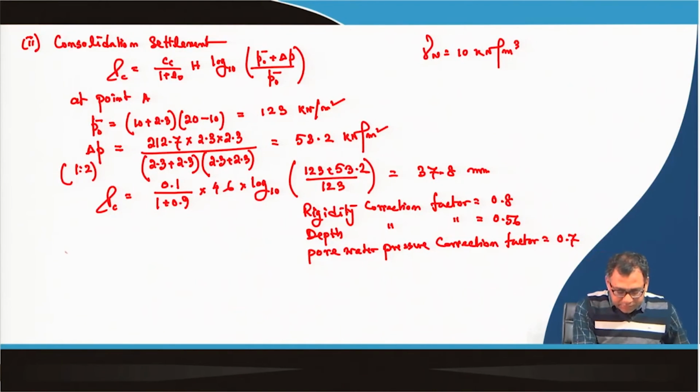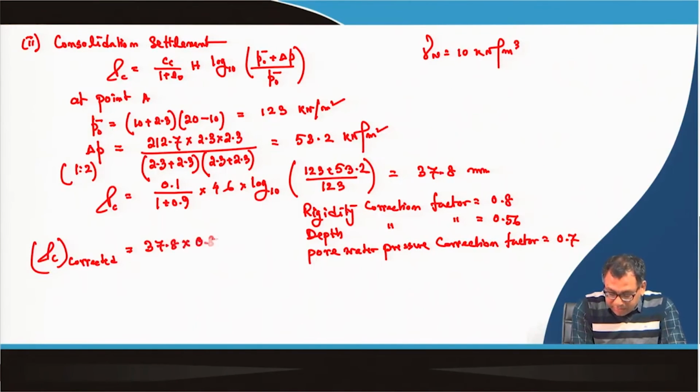So, now if I calculate the corrected consolidation settlement, that will be 37.8 into 0.8 into 0.56 into 0.7. So, that will give 11.9 millimeter.